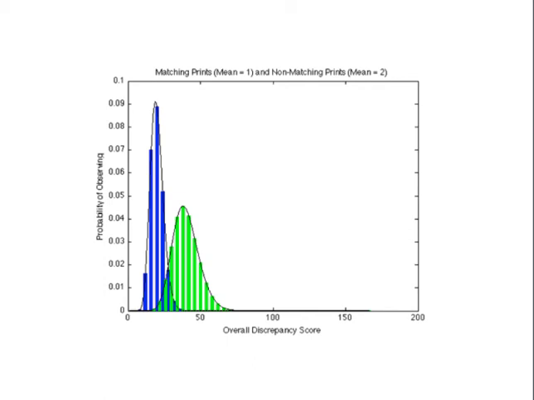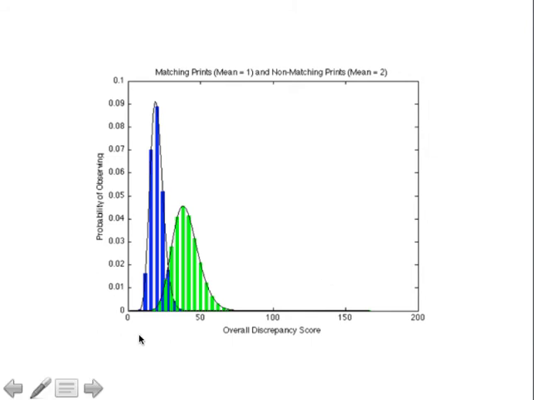So if you simply submitted the same print that was already enrolled in the database, presumably you'd get a discrepancy score of 0 here. Now, due to distortion or partial prints, the discrepancy score is unlikely to be 0. It's likely to be some larger number indicating some dissimilarity between the submitted print and the prints that are enrolled in the database. And that's what is illustrated here.